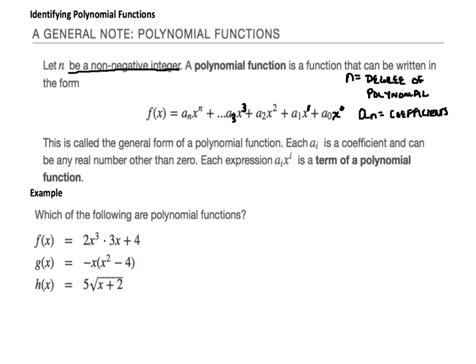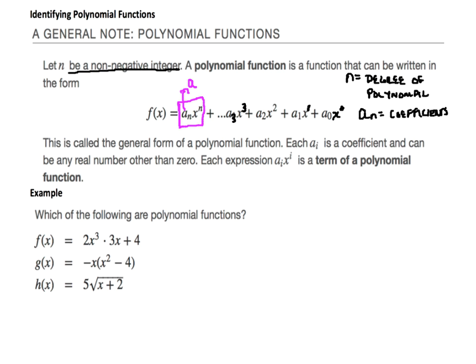Since we want a general definition for a polynomial, we could have a polynomial that's raised to the 57th power. So the way we say that, so that it covers anything, is a sub n times x to the nth power. So a sub n is the coefficient that goes with the degreed term.